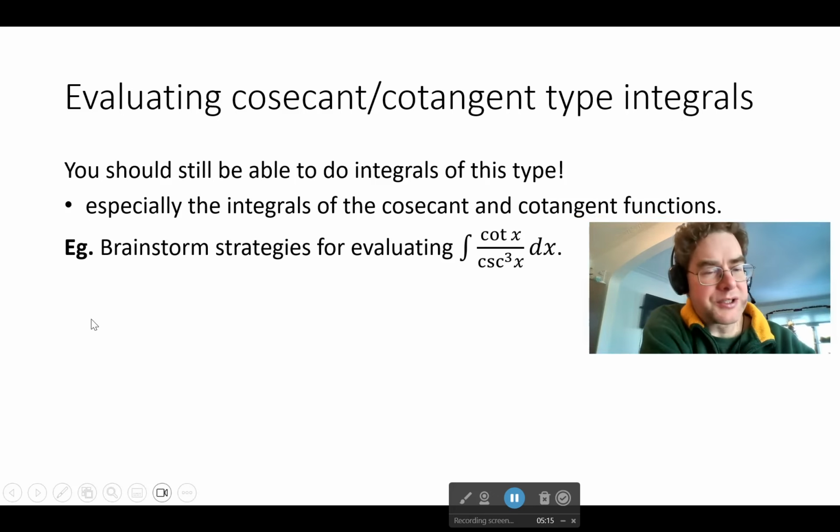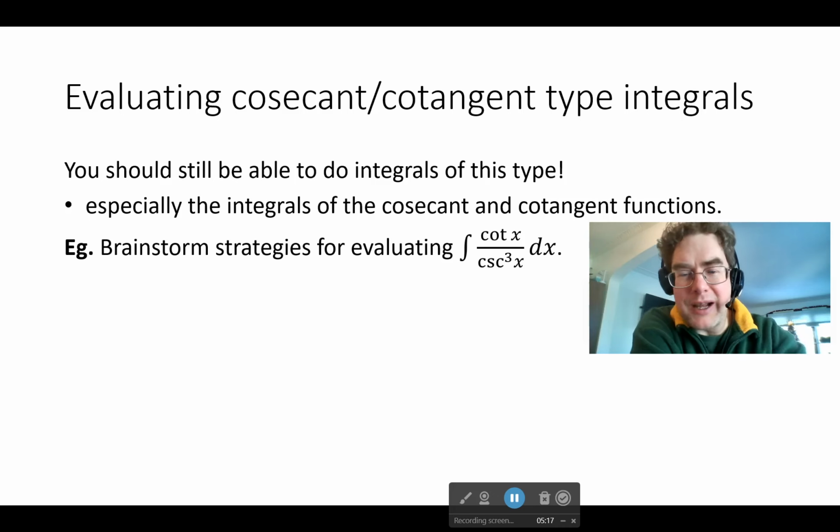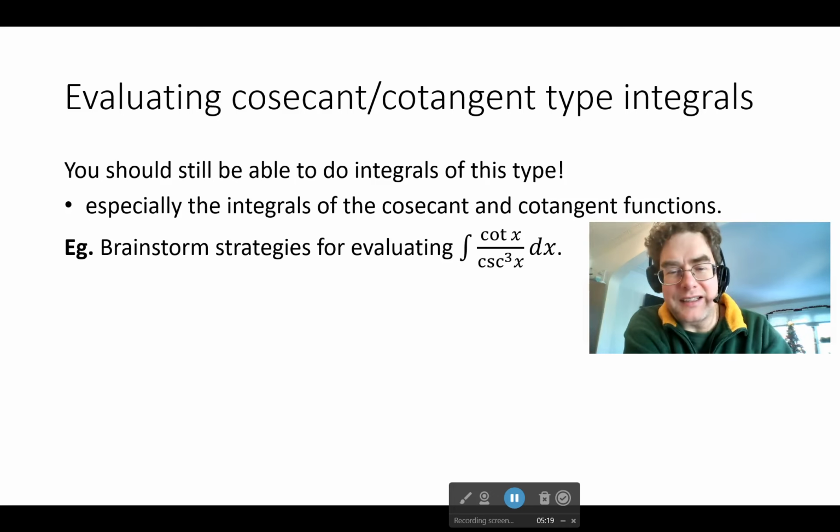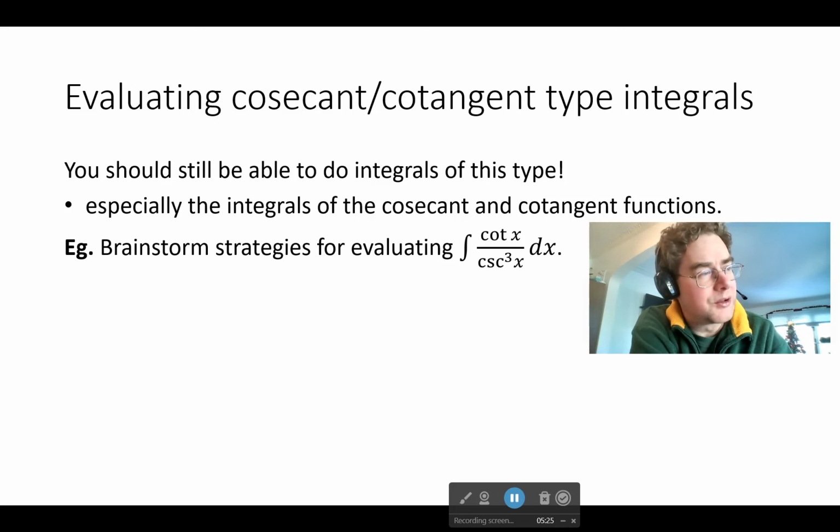For the first strategy, I'm going to imagine that this is like a secant tangent type integral. There are two things that we look to hold out for our du in those situations. For a cosecant cotangent type integral, it would be either a cosecant squared x, or it would be a cosecant x cotangent x.